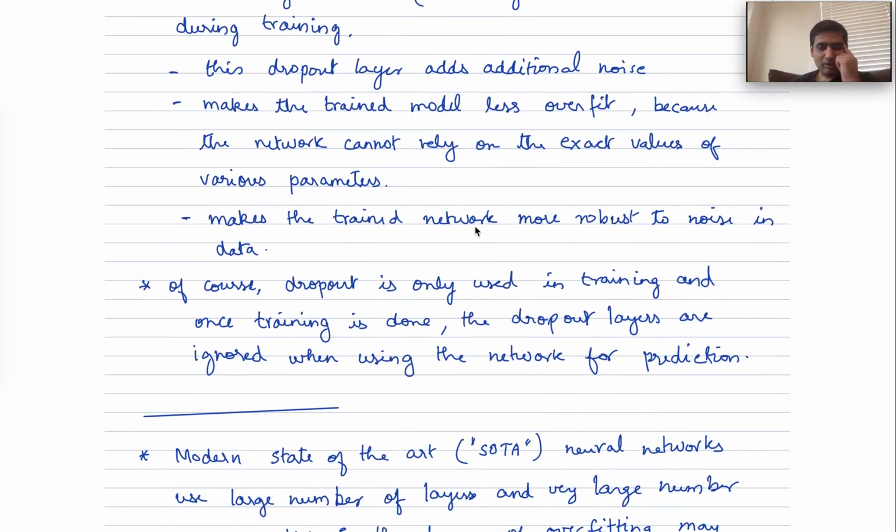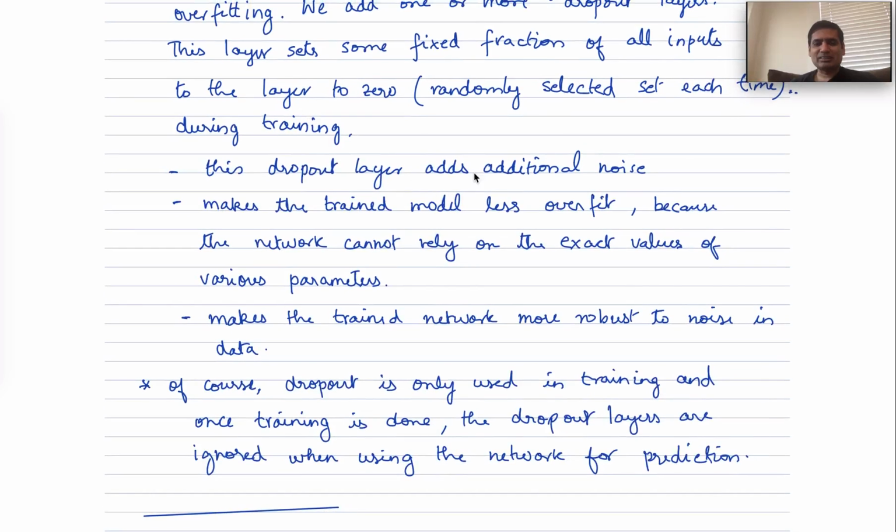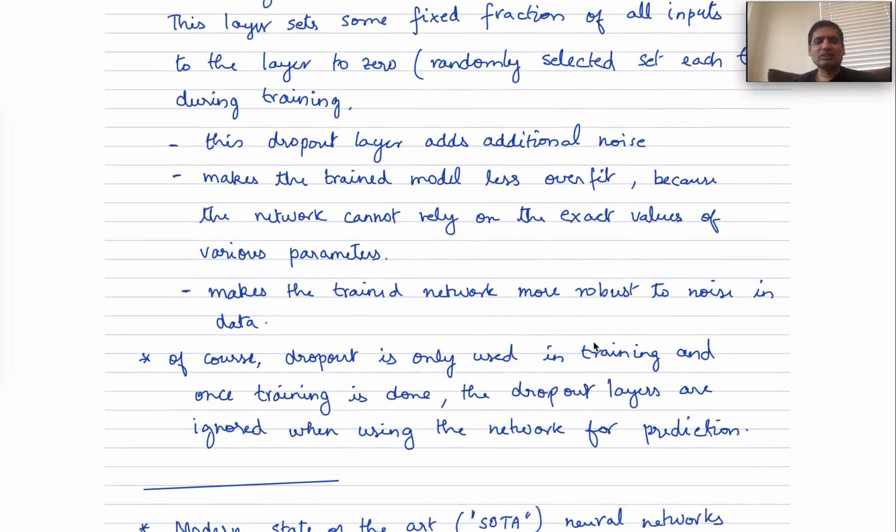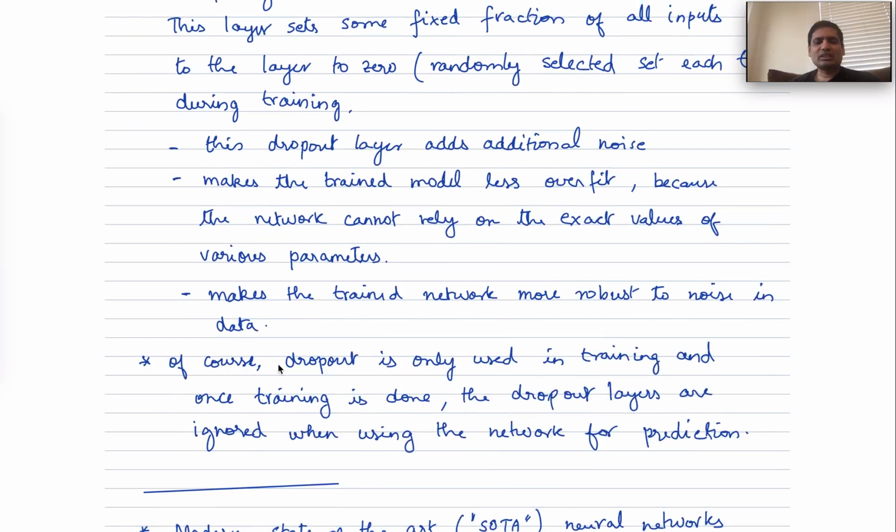It makes the model robust to noise because this is the kind of noise that we're adding to the process, that kind of makes it robust to some kind of noise in the data as well. Of course, dropout is only used in training.